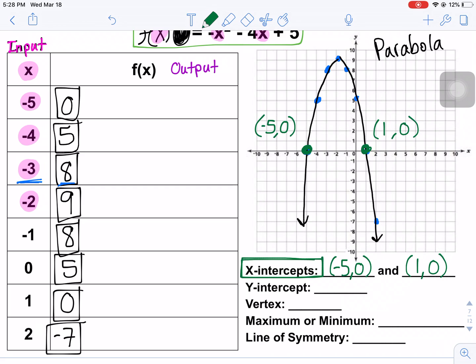Our bottom right corner information area. And then we can see this on our table as well. So let's go to our table now. (-5, 0) and (1, 0). These are our x-intercepts.